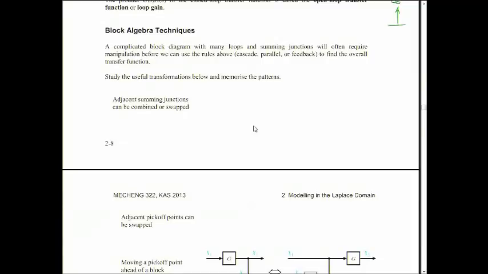So for example, you could have a summing junction like this, going into another summing junction like that, and maybe there's two signals going into this one, maybe this one's positive, this one's negative, and then maybe two signals going into this summing junction, both positive.